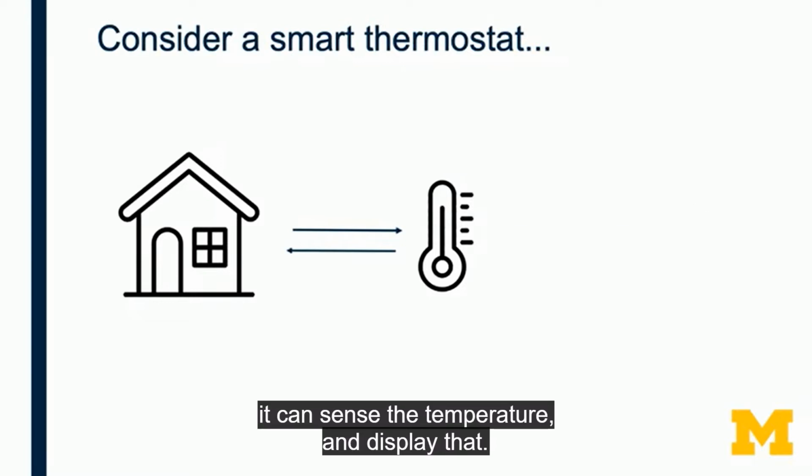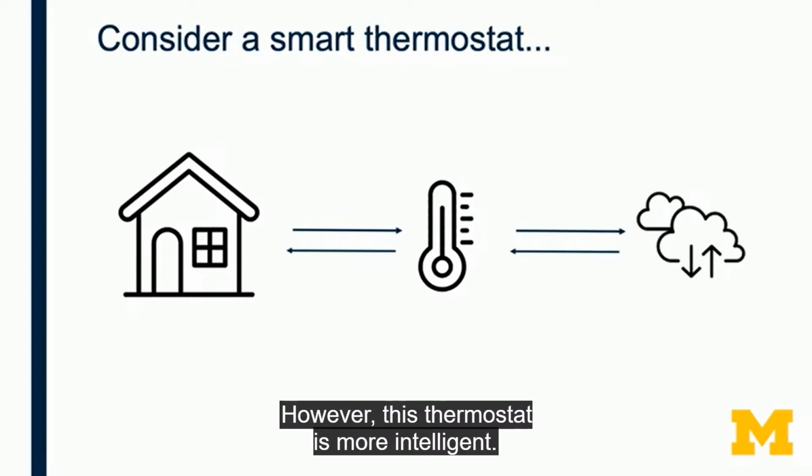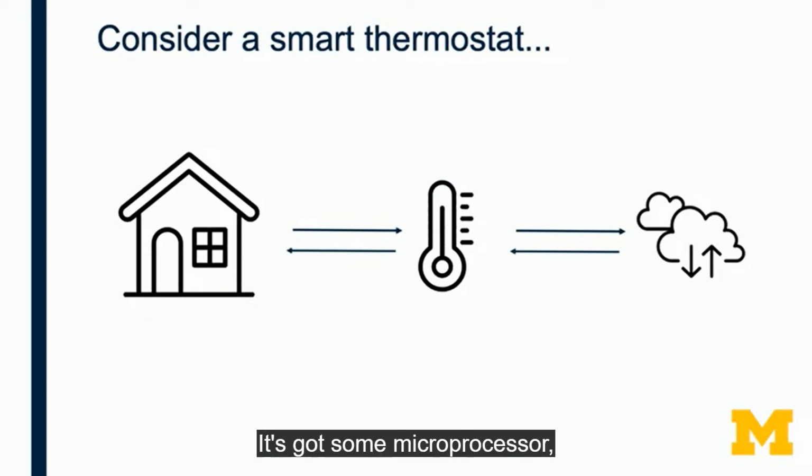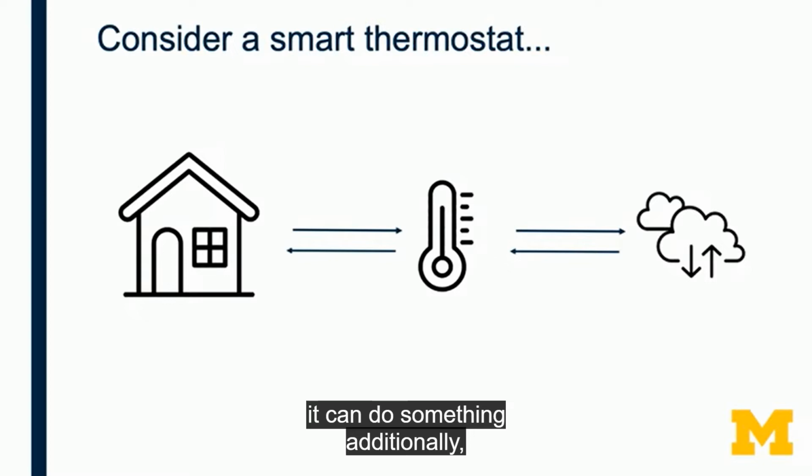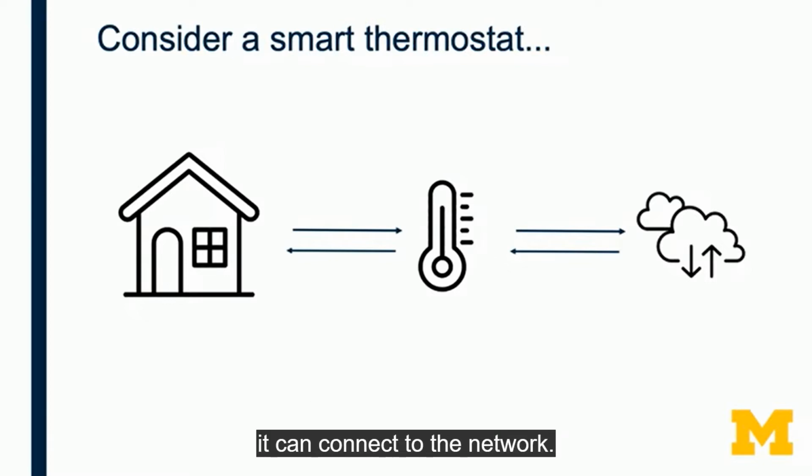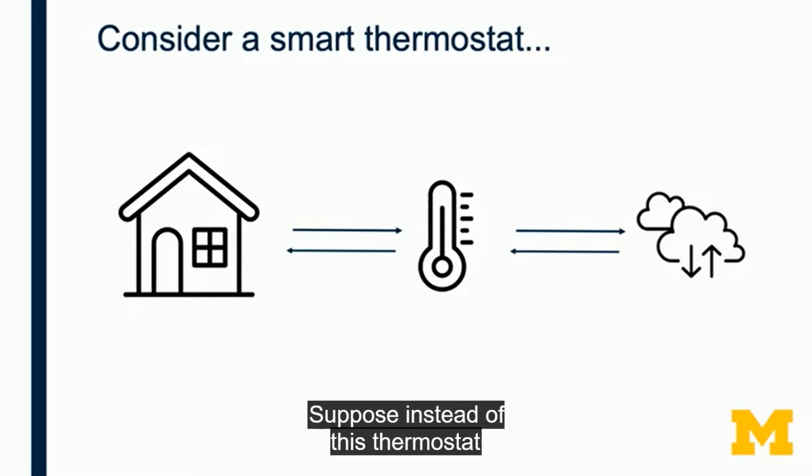However, let's say this thermostat is more intelligent, it has a microprocessor, and it can do something additional. For example, it can connect to the cloud, to the network. Suppose instead of this thermostat being just connected to your home, it is now connected back to the network as well. So what does this lead to?